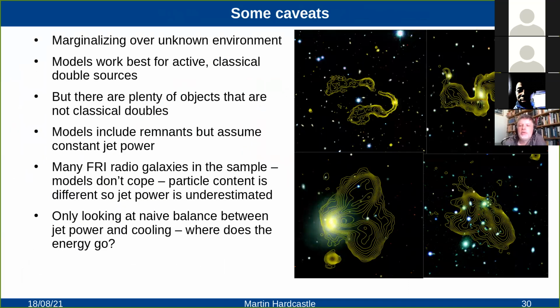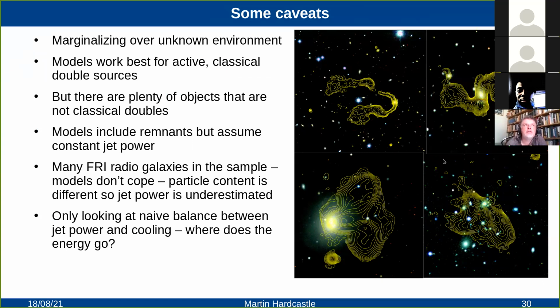Now, do we believe this? Well, there's a lot that we don't really understand. So we don't, at the moment, know the environment of each radio galaxy. And I told you earlier that environment is important in determining how bright the radio emission is. We know that our models work best for classical double FR2 type objects, but if you look in the LOFAR surveys, as you can see in these pictures on the right, there are plenty of objects that aren't classical doubles.